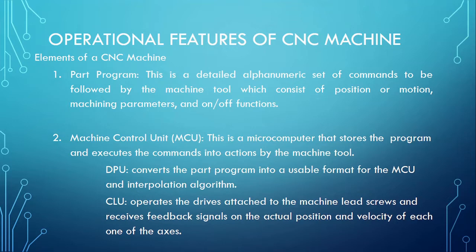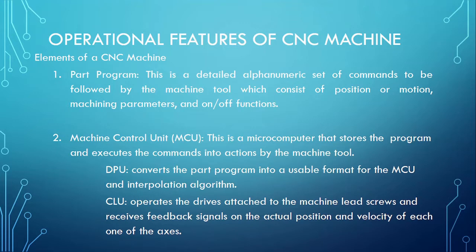And also interpolation algorithms. Interpolation is how the tool interacts with the workpiece. So the DPU equally has the interpolation algorithm to achieve the smooth motion of the cutter, and also to edit the part program in case there is any need for a change due to probably an error.